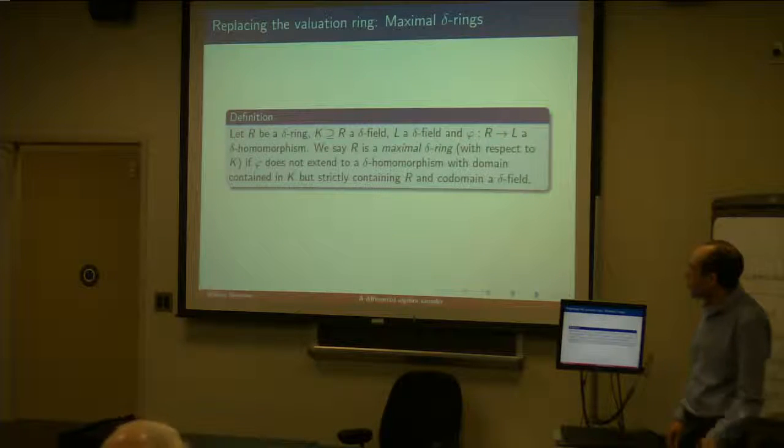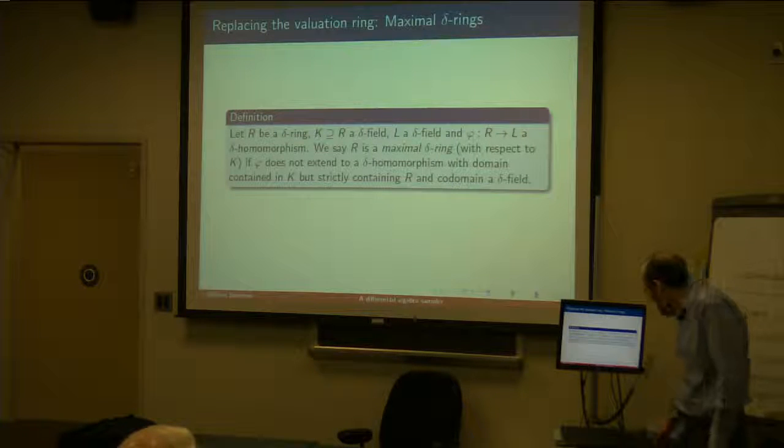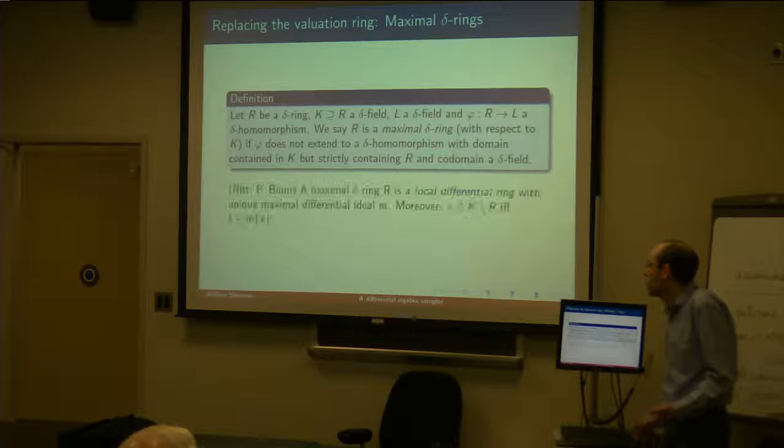The essential definition is, well, if you don't have a valuation ring, what do you have when you extend a differential homomorphism to a maximal subdomain of the field? You get something that we call the maximal delta ring.